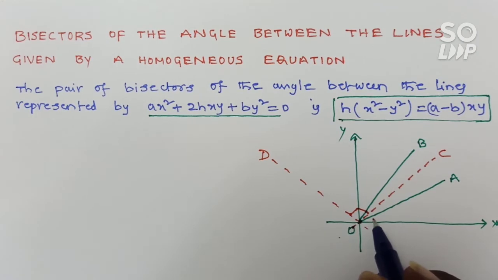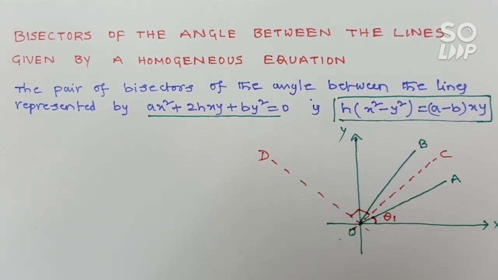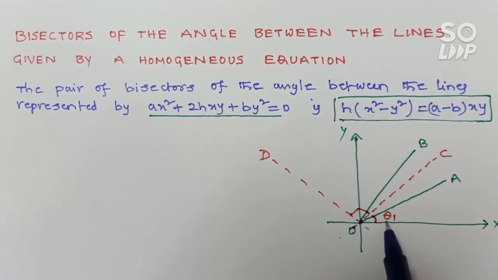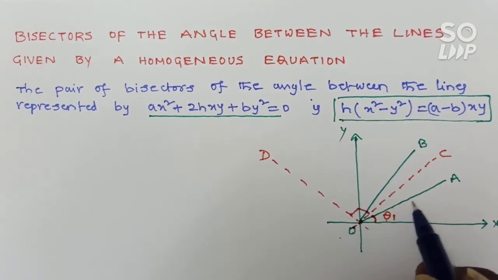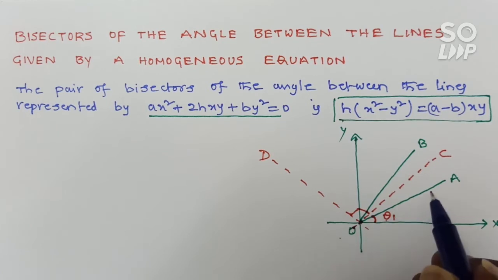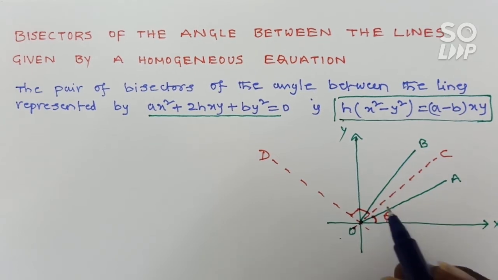See, let OA make an angle theta 1 with the x-axis. That is called the inclination of the line OA. If we know the inclination, the slope of the line will be the tangent value, that is tan theta 1. Right?